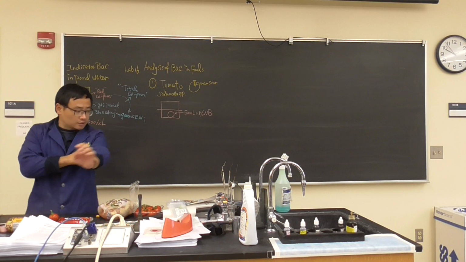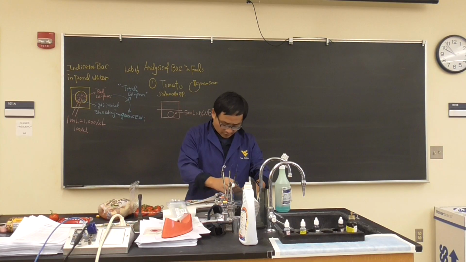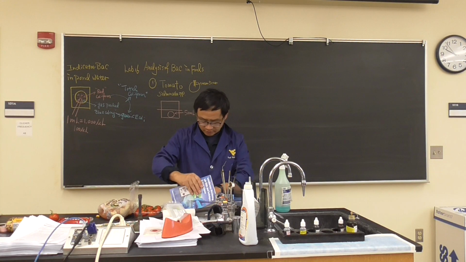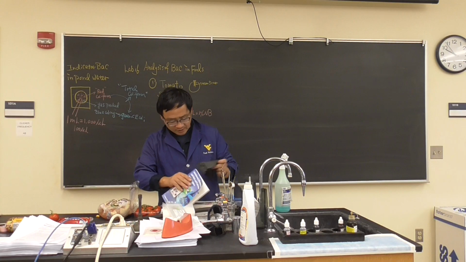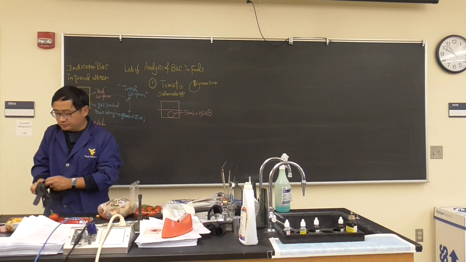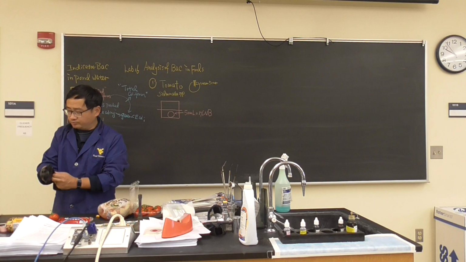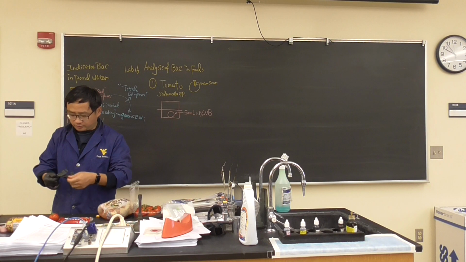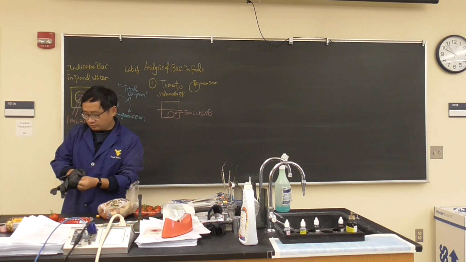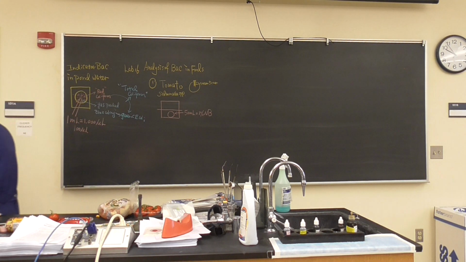I need gloves, so I wear gloves. Got medium-sized gloves. Because the processing of these samples is very unique, and it's very important that we get to know how we do it. So we have a tomato, and we have a cylinder.